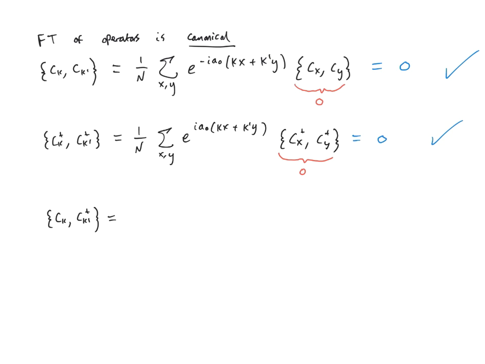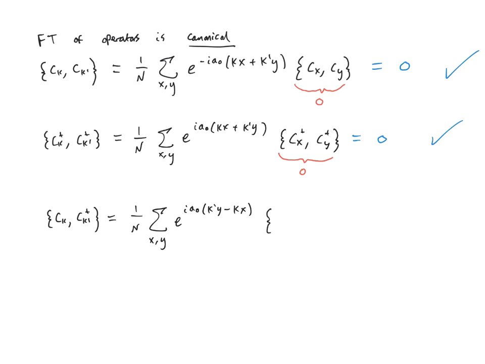Something more interesting happens when I consider Ck and Ck primed dagger. Let's see what happens. I'm going to get e to the i a naught, but because one of them is a dagger and one of them is not a dagger, I'm going to get k primed y minus kx. So there's a relative minus sign between those two terms.